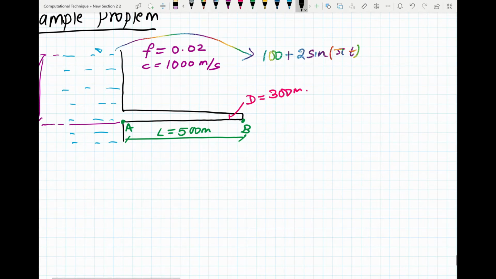For this problem, let's say that this end is closed, which means that the flow at this end equals to 0, and you'll have water here as well.